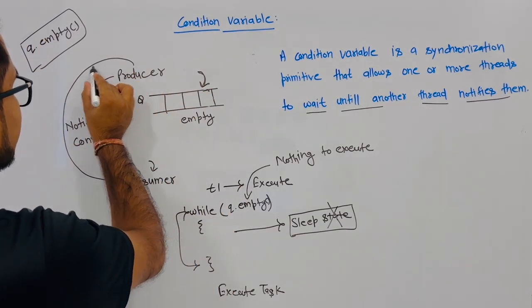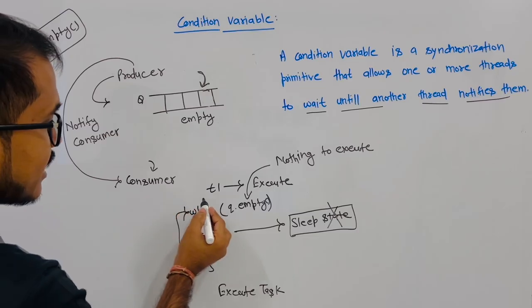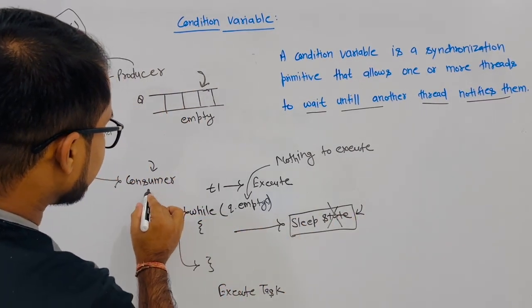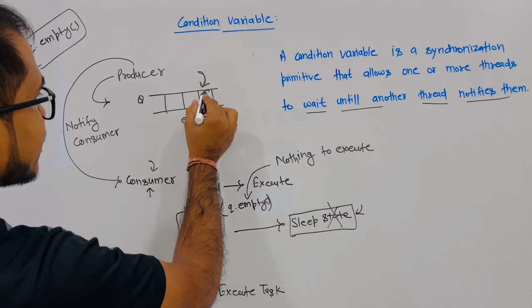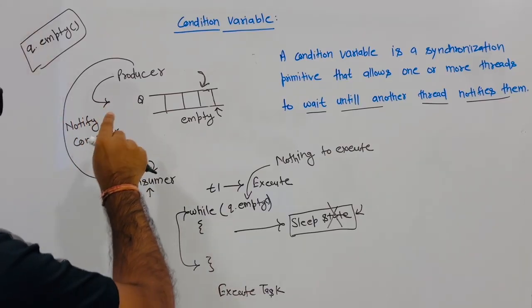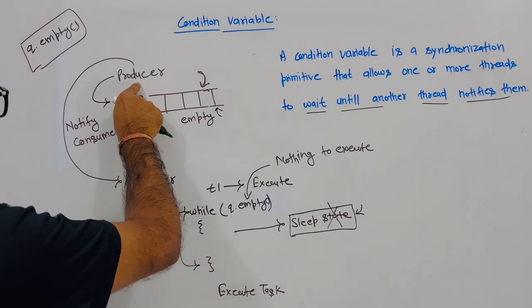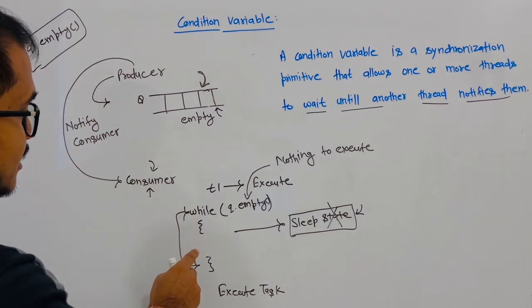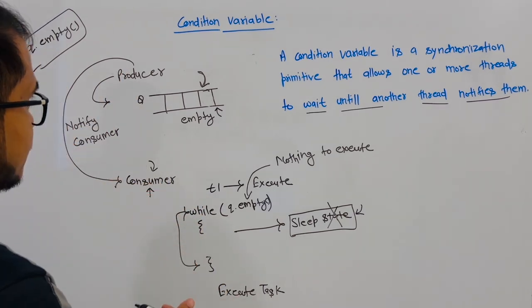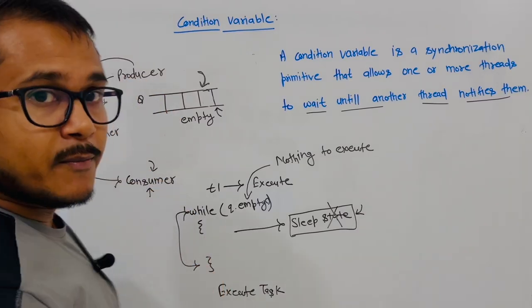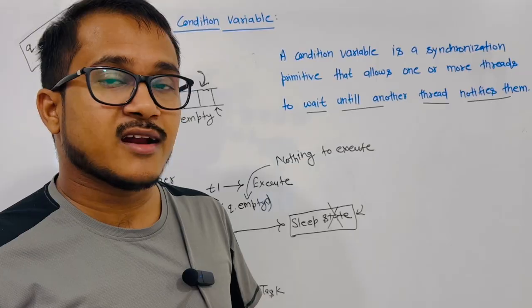In that scenario, the producer will tell the consumer that there is something in the queue, please wake up, and the consumer will start executing the task that was in the queue. One more thing: the notification from the producer can be sent to a single thread as well as to multiple threads, more than 2 threads as well. Any number of threads can receive this notification depending upon how we have designed our application.